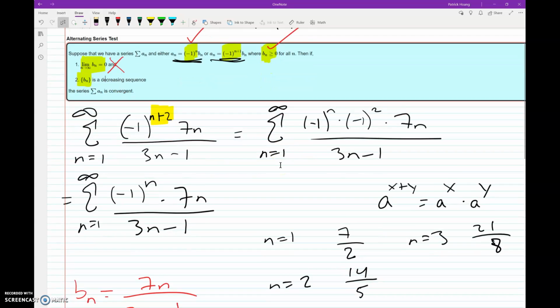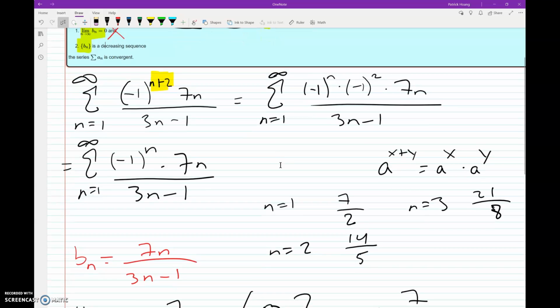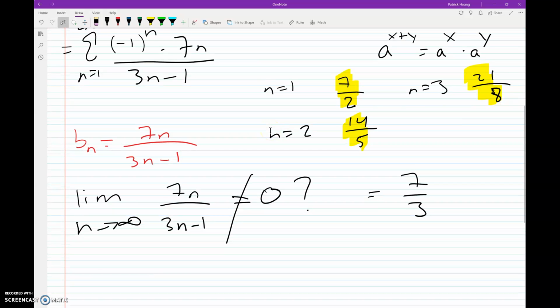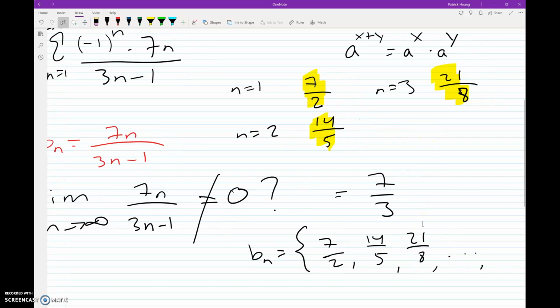B sub n is just the terms, like 7 over 2, 14 over 5, 21 over 8, on and on until it approaches 7 over 3.